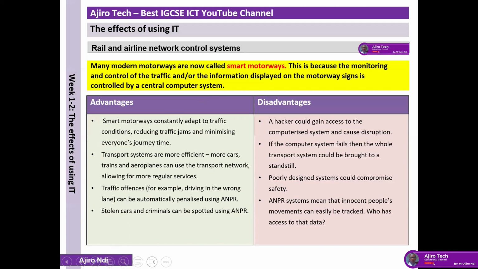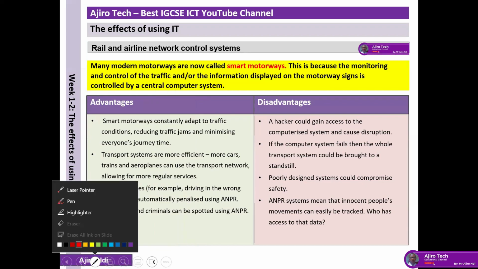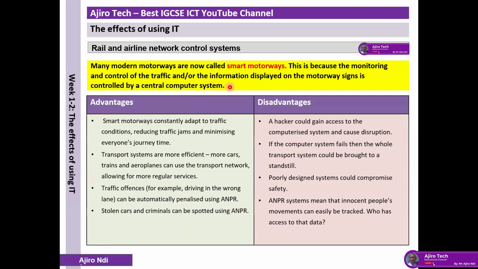Take note of that. This helps us to reduce traffic jams and minimize everyone's journey time. When the system notices there is much traffic, it finds a way to reduce it. When it notices that it is becoming more chaotic, it finds a way to redirect it as much as possible.